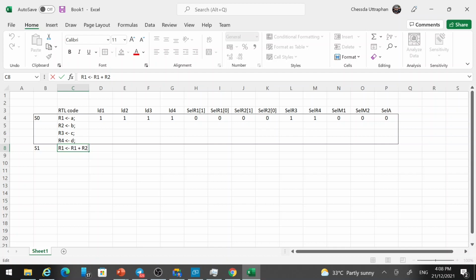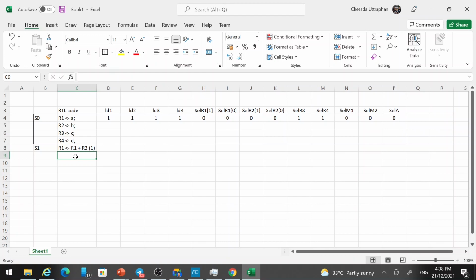We need to label that. We have R2 gets R1 plus R3, which is adder number 2. And we have R4 gets R3 plus R4, which is adder number 3.